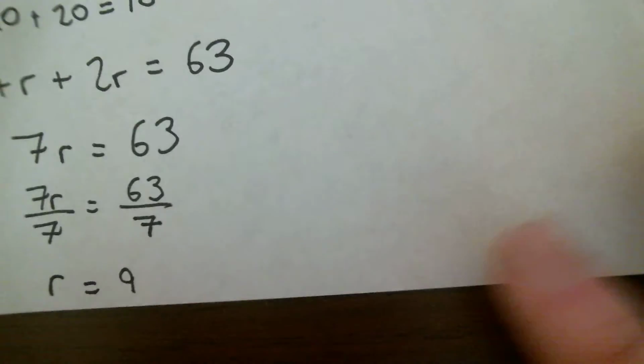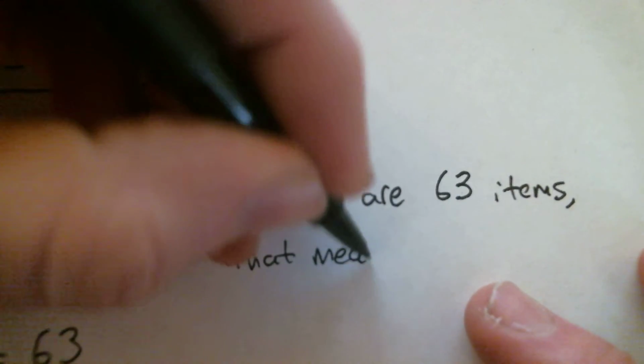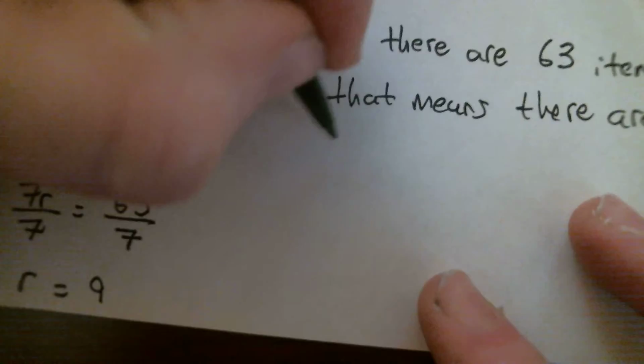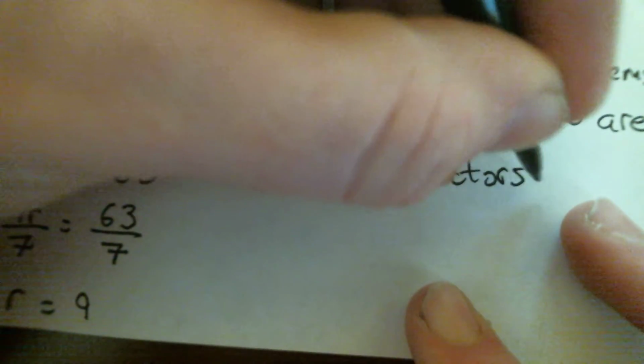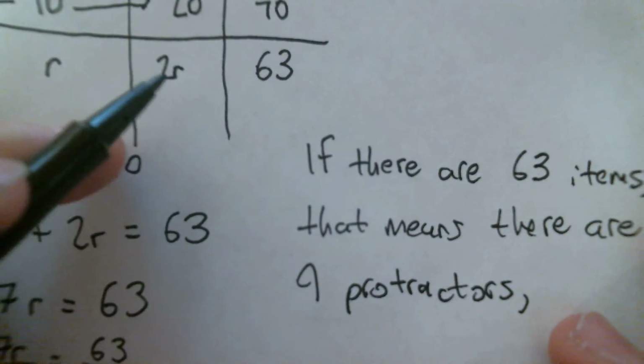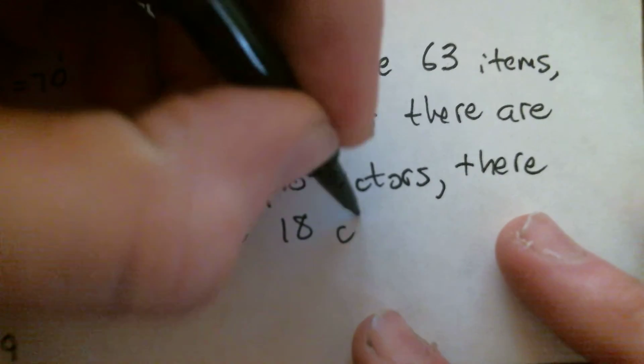This tells us the number of protractors. So I could say if there are 63 items, that means R was 9, so there are 9 protractors. Let's see, how many calculators would there be? 18 calculators.